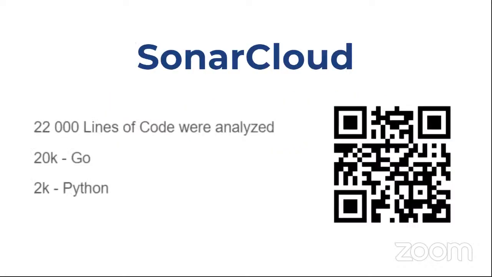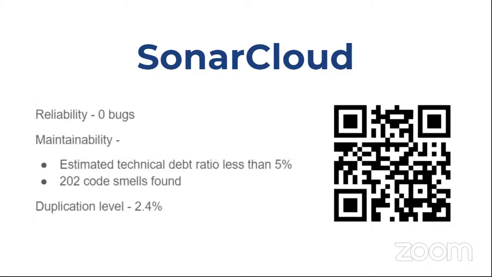Okay, some words about static analysis. We used SonarCloud. We have the same results as the previous team, so SonarCloud doesn't give us the ability to test C++ code, but there are about 22,000 lines of Go and 2,000 of Python. So these are the results.